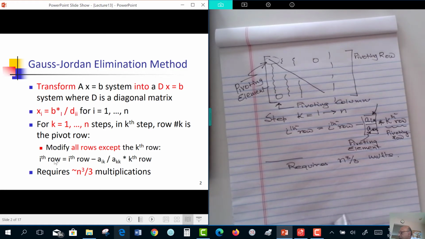And this you saw was vastly superior to Cramer's rule. So I don't know if you remember, let me take out one of my old notes.